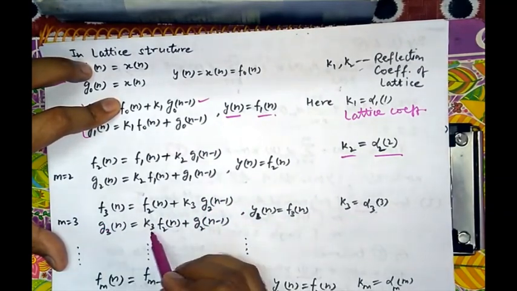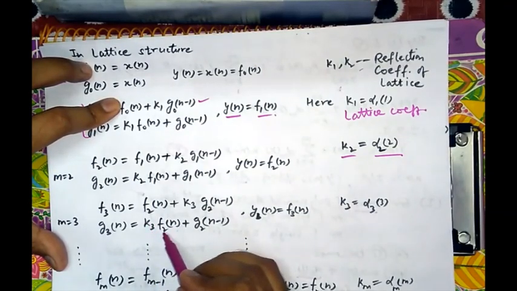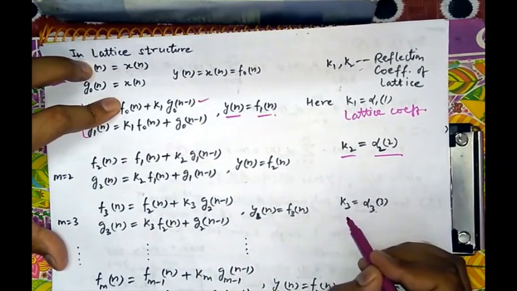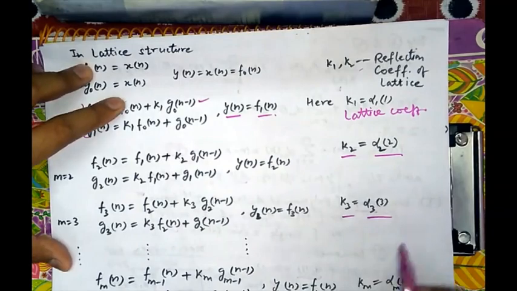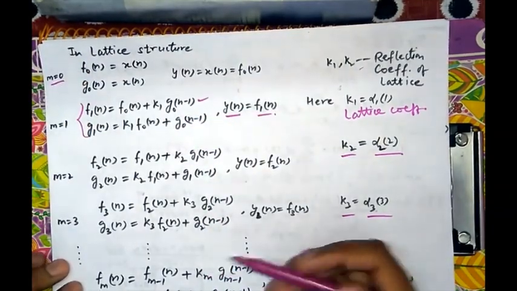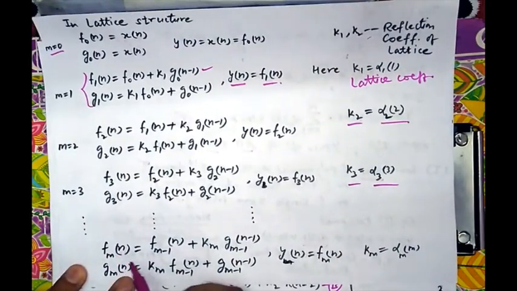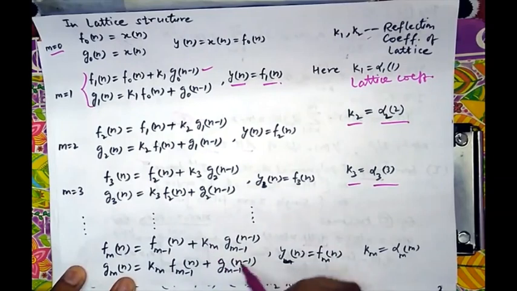Again g3(n), with lattice coefficient k3 for the third order, is k3 f2(n) plus g2(n minus 1), and y(n) is equal to f3(n), and k3 is equal to alpha(3,3). By generalization of this lattice structure, we have the general value f_m(n) equal to f_(m minus 1)(n), the previous value, plus k_m, the lattice coefficient of mth order, times g_(m minus 1)(n minus 1), the delayed value. This is the previous value and this is the delayed value.